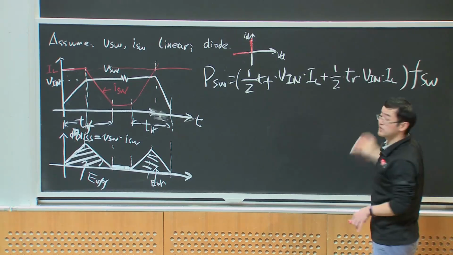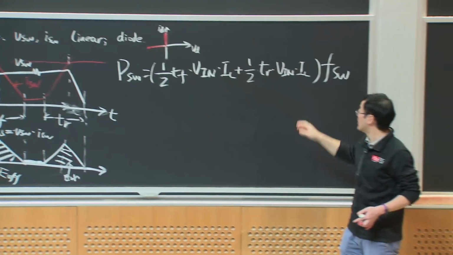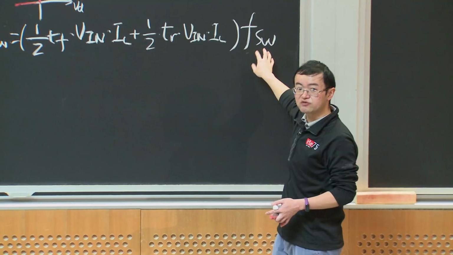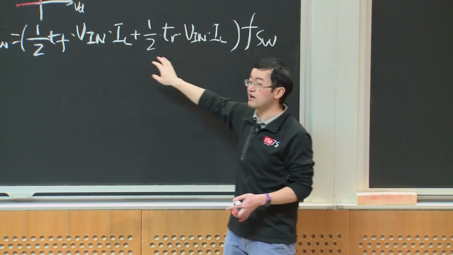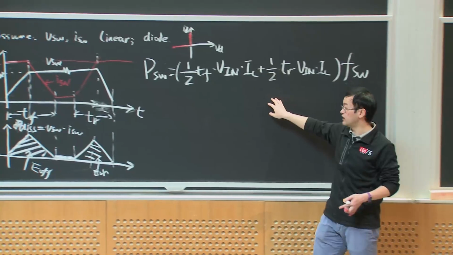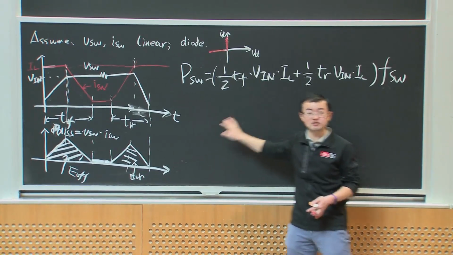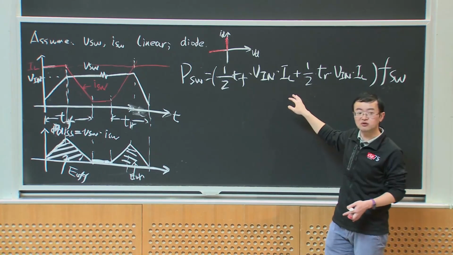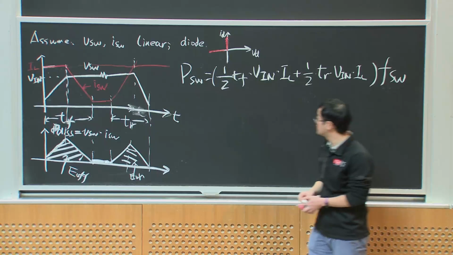That will be our switching loss. You can also consider that multiplying by the switching frequency is equivalent to dividing by the switching period, which gives an average power. It's still the same definition, but you can look at it in two ways.